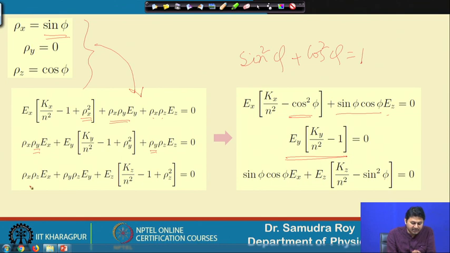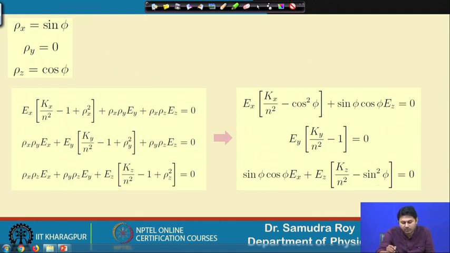And finally, the last equation, again I will put the values of rho x, rho z and this quantity, and I will have sin phi cos phi and this sin square phi. So, I have three modified equations when I put in rho, and these modified equations lead to a general kind of solution. Let us try to find out what kind of solutions we will have.